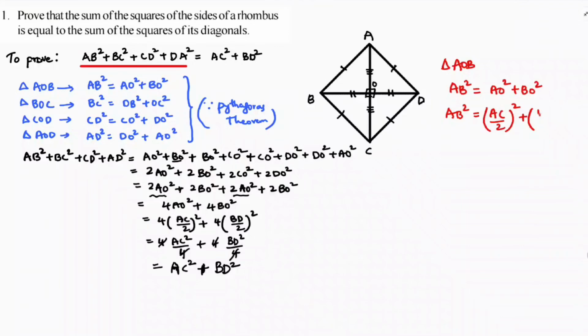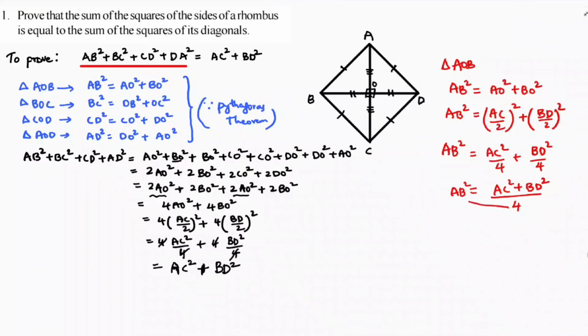So AO is AC by 2, BO is BD by 2. So AB square equals AC square by 4 plus BD square by 4. Taking the LCM, 4 times AB square is AC square plus BD square.